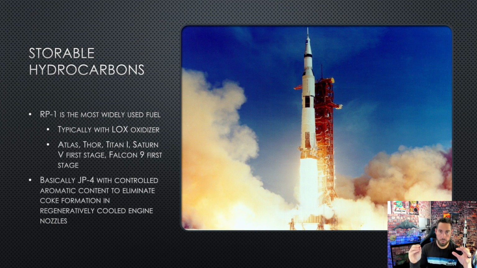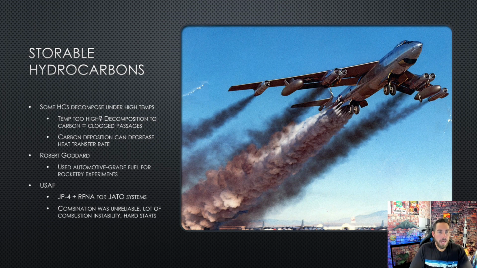If you start getting coke deposition in there, it inhibits the ability to cool the engine, starts clogging everything up, and then you can go boom. Some hydrocarbons decompose under high temperatures. If the temperature is too high, decomposition of carbon can lead to coking and clogged passages, and can decrease the heat transfer rate, so it just jacks with cooling.